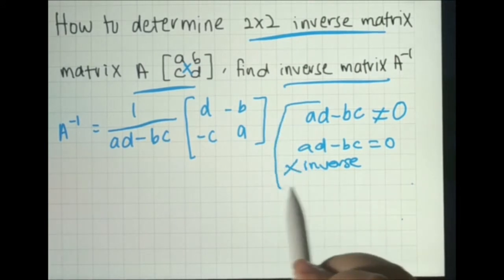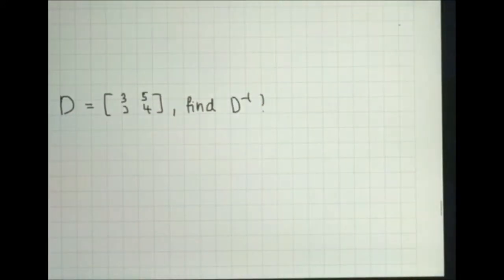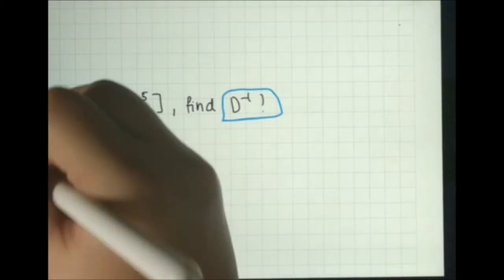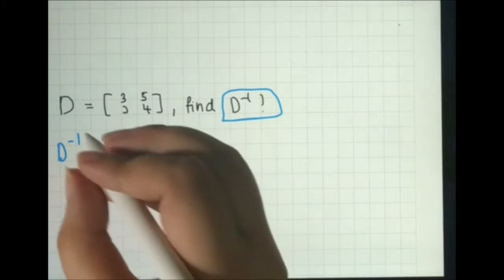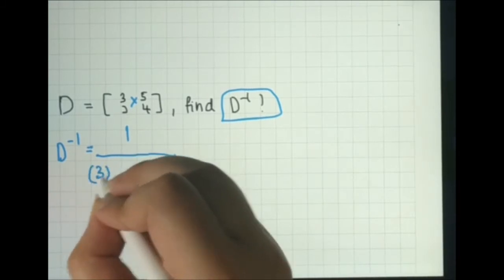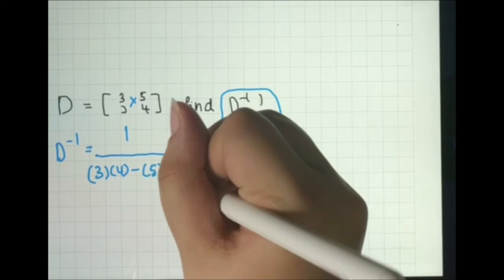Okay, so we have an example here, matrix D, and we want to find the inverse of matrix D. The inverse of matrix D equals 1 over, we have to cross this, 3 times 4, AD minus BC, 5 times 2.